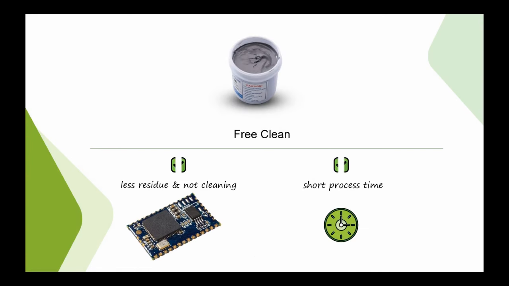Next is the no-clean type. After soldering, the PCB's surface is relatively smooth and has less residue, doesn't need re-cleaning, and can pass various electronic technical tests, guaranteeing soldering quality while shortening the manufacturing process and boosting speed.